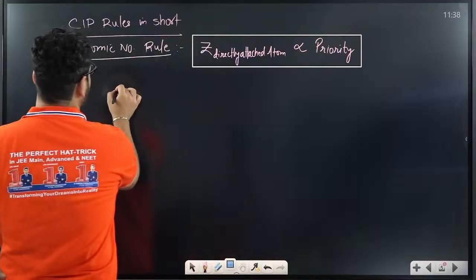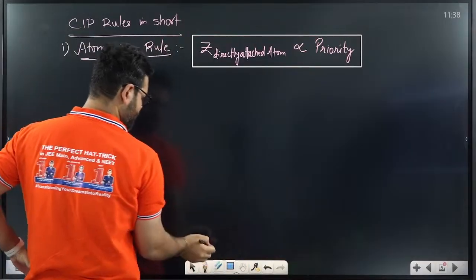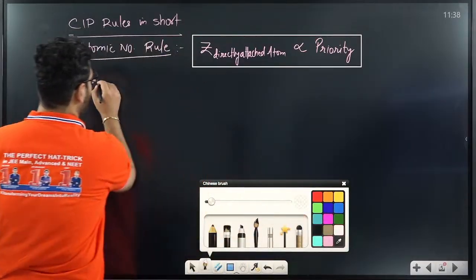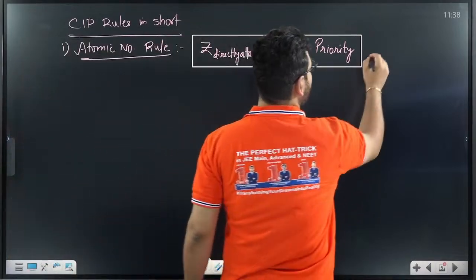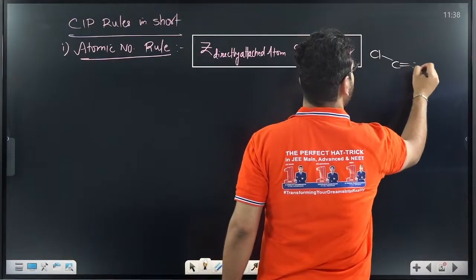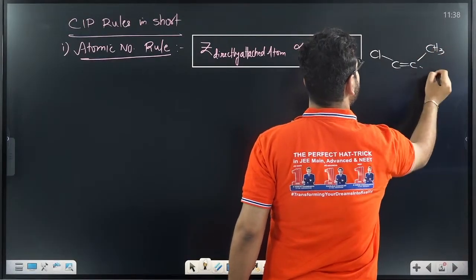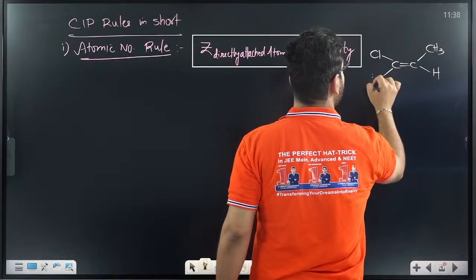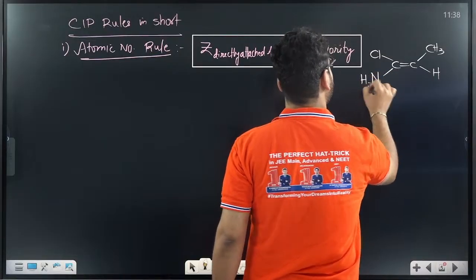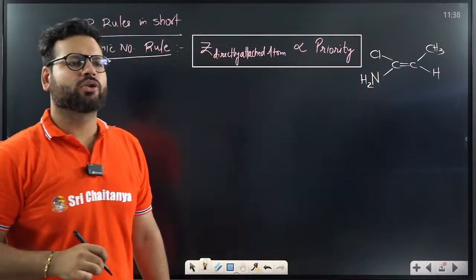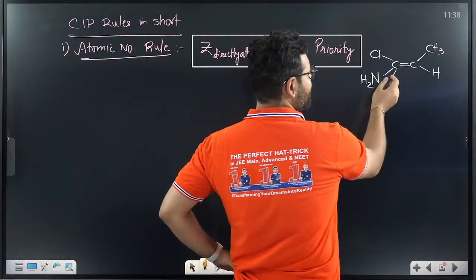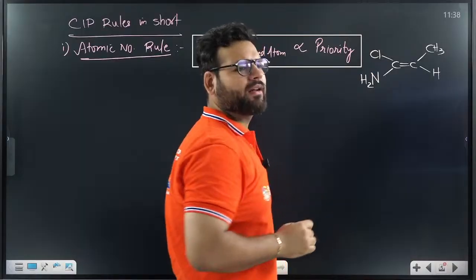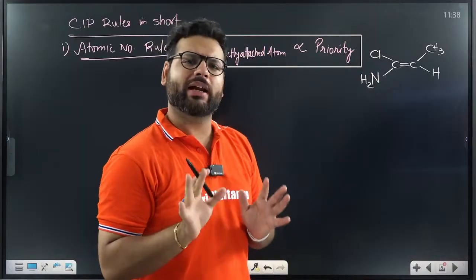For example, if I have a chlorine here, a CH3 here, a hydrogen here, and an NH2 here. The rule says that on this carbon, these two are fighting. Chlorine is fighting with nitrogen, not NH2, nitrogen.